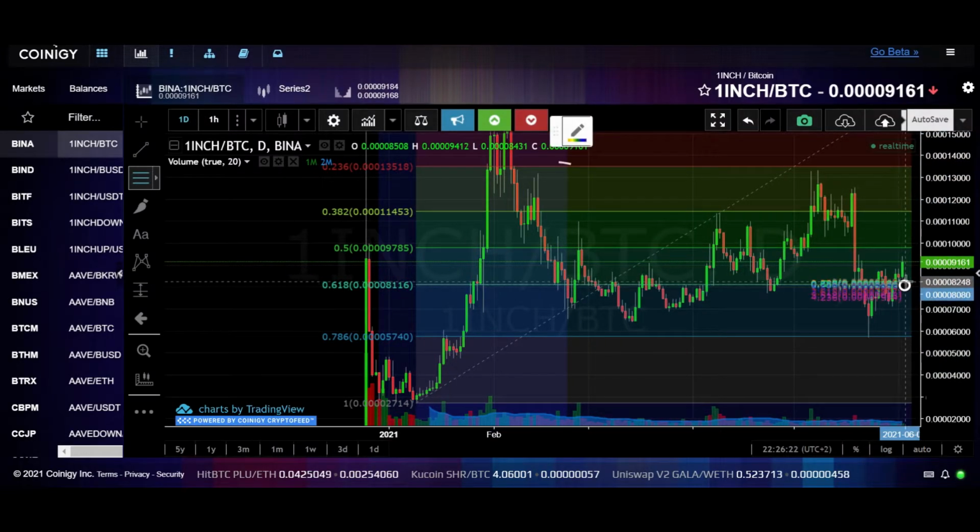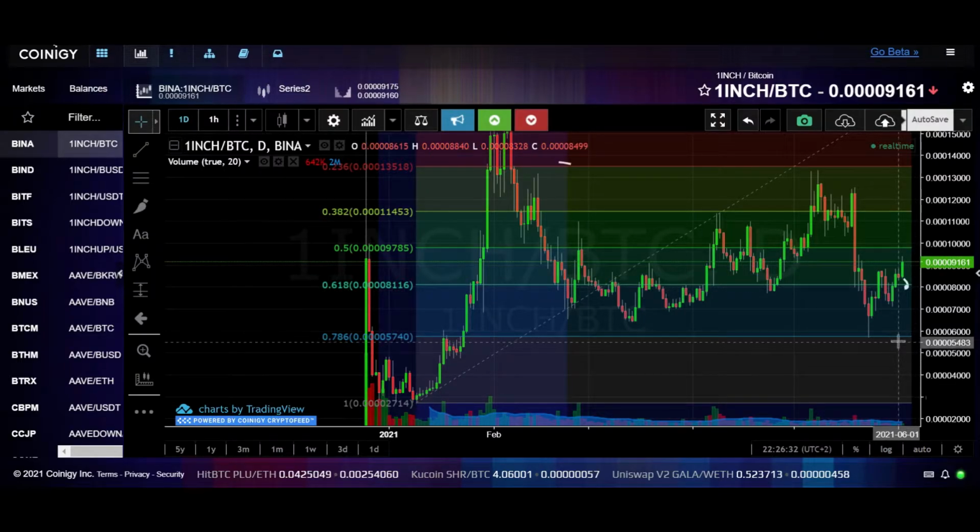Theoretically, she would never buy up here, even if it's only by like 5%. She would wait and be so stingy that it has to come back to the 61.8, 78.6, or the 1. But she would never, ever buy anything above this line. And why is that? Because most projects always come back to the 61.8 or at least the 78.6.